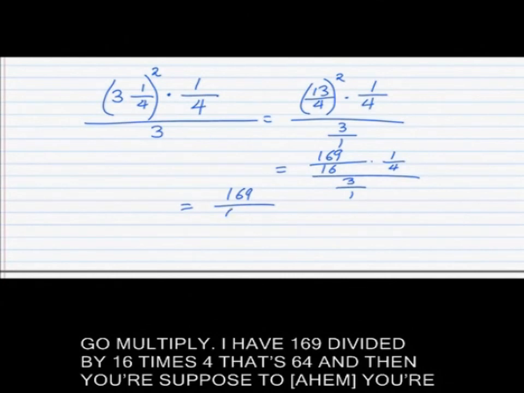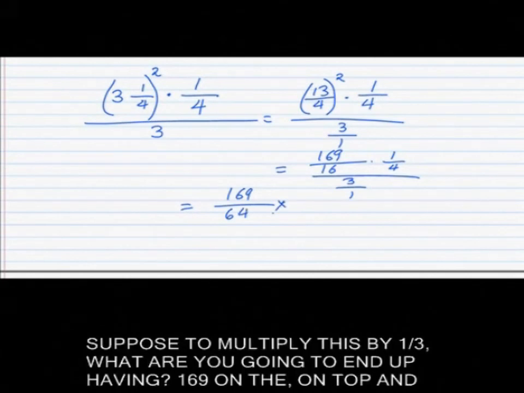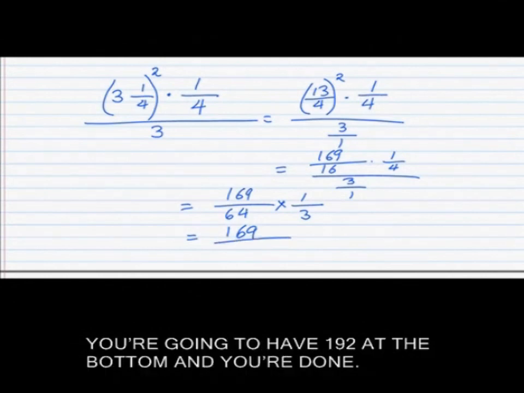That's 64. And now you're supposed to multiply this by 1/3. What are you going to end up having? 169 on top, and you're going to have 192 at the bottom, and you're done.